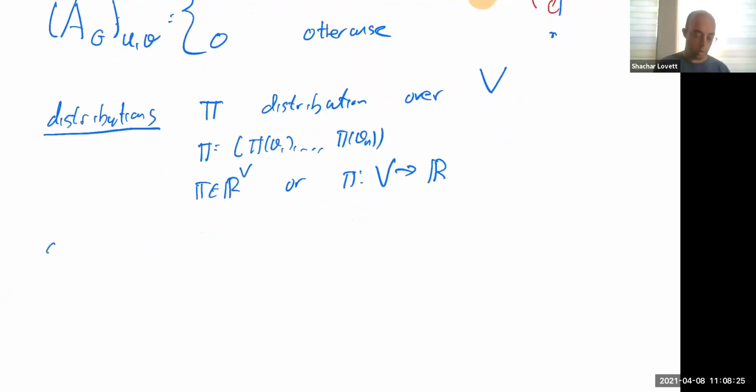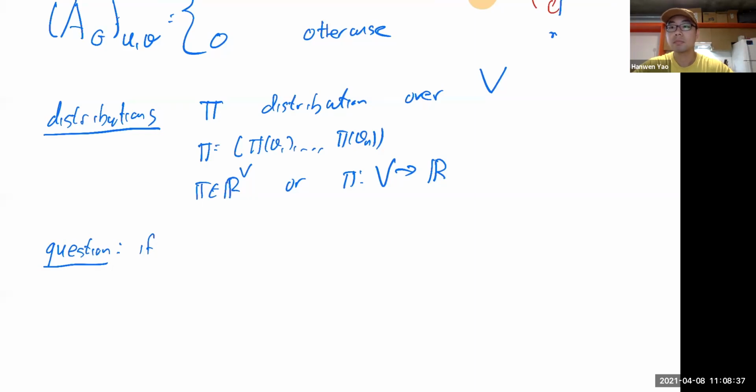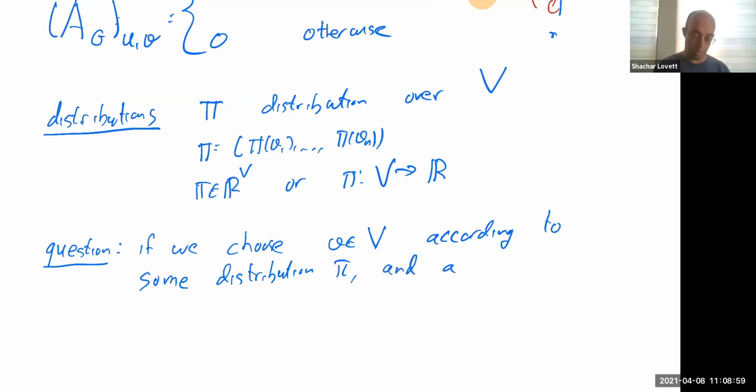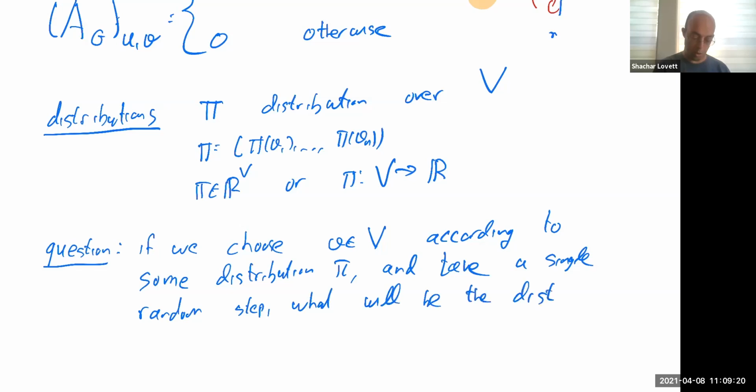The question that we were discussing last time is the following: if we choose a node V according to some distribution pi, and take a single random step, going to a random neighbor, what will be the distribution of the target node?